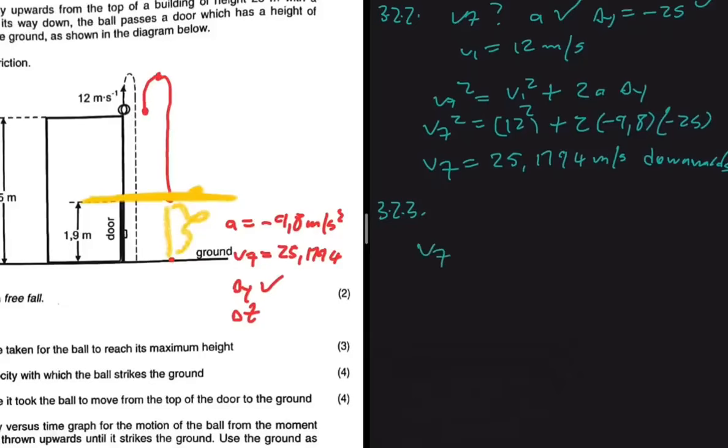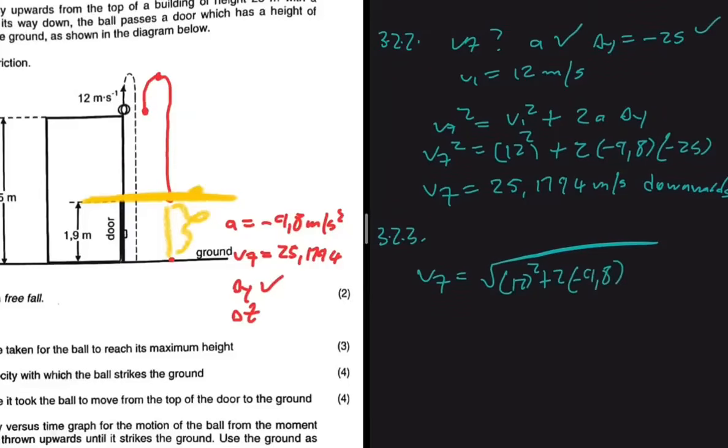So VF is going to be equal to the square root of 12 squared plus 2 multiplied by minus 9.8. We're doing what we did in 3.2.2, but instead of our height being minus 25, it's supposed to be 25 minus 1.9.